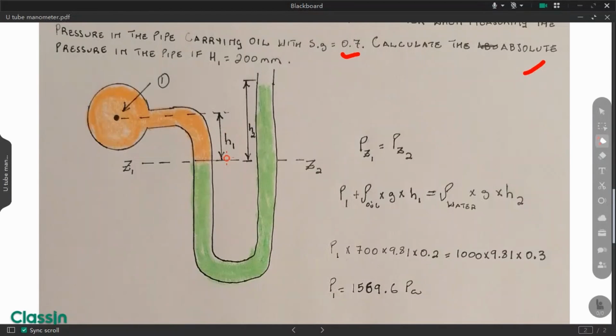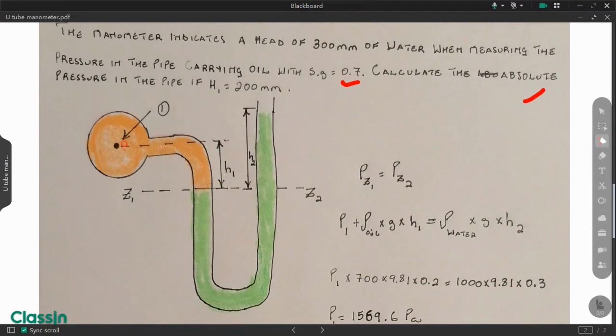So what are we calculating? We want to know the pressure in the pipeline. We are told that the manometer indicates a head of 300, which is 0.3 meters. So remember, the pressure in the same horizontal plane of the same liquid is the same.